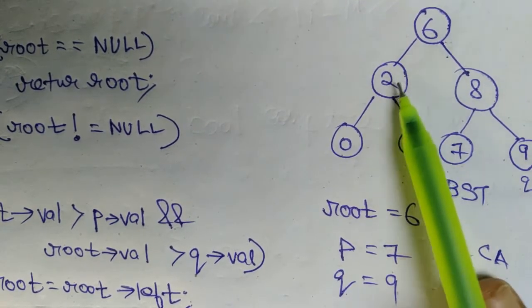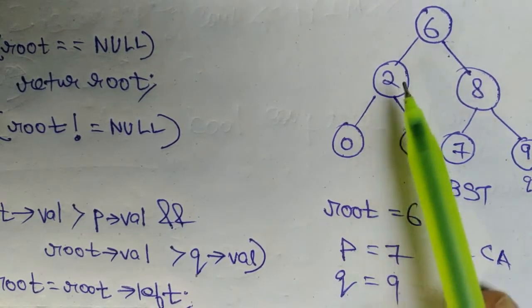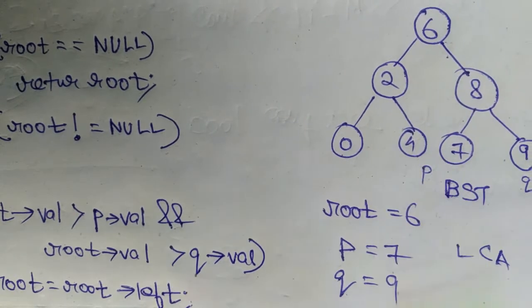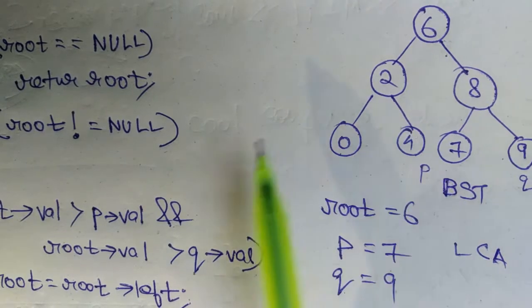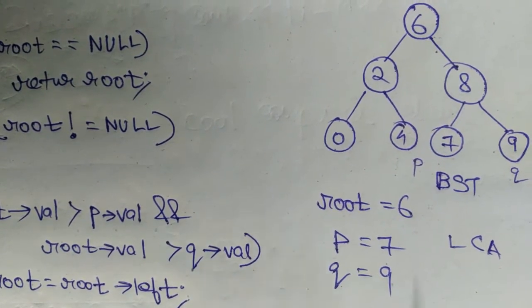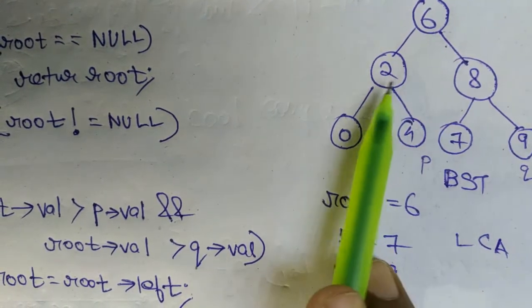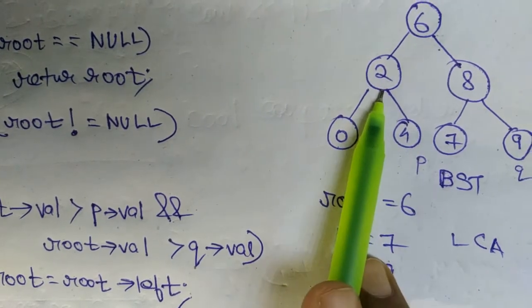Okay, then as root is not null, we check if 2 is greater than 0 and greater than 4. Now as 2 is greater than 0 and 2 is less than 4, none of the above two if condition statements are satisfied. So we simply return the root, and you see that 2 is the common ancestor of 0 and 4, and it is also the lowest.